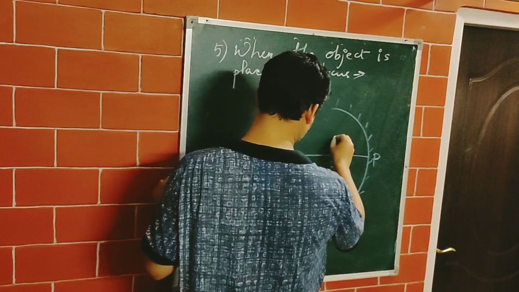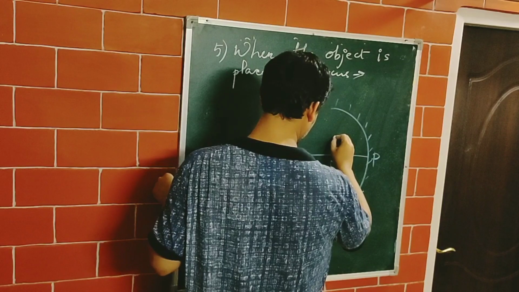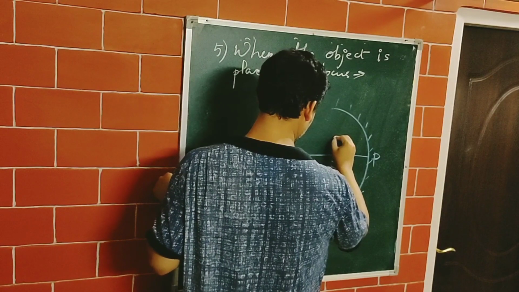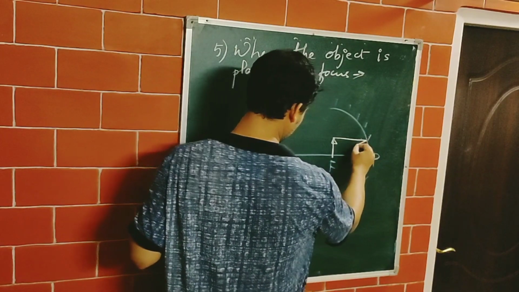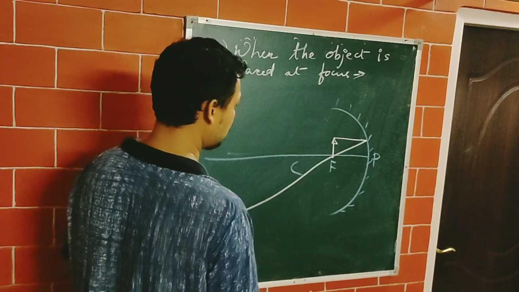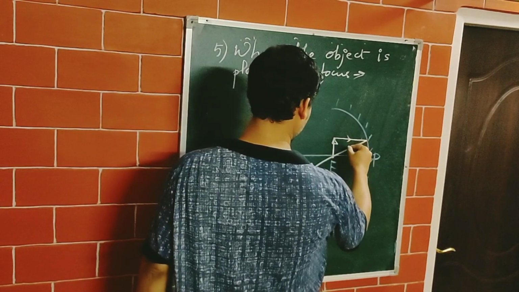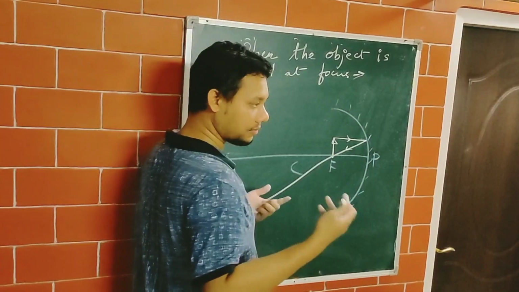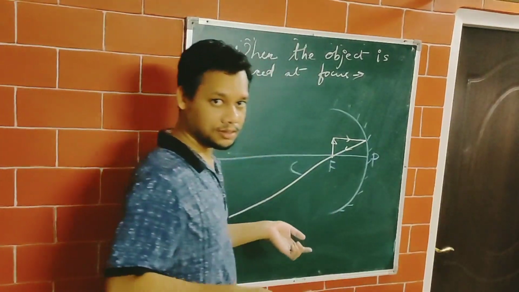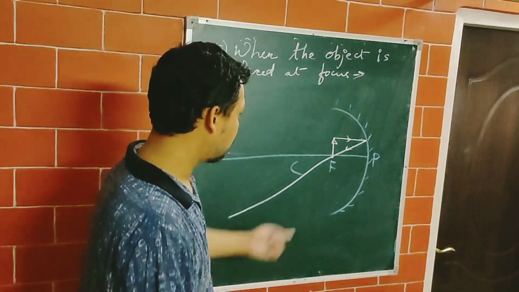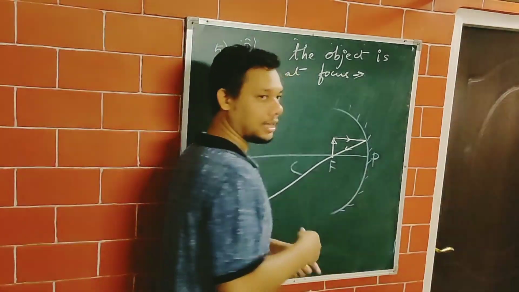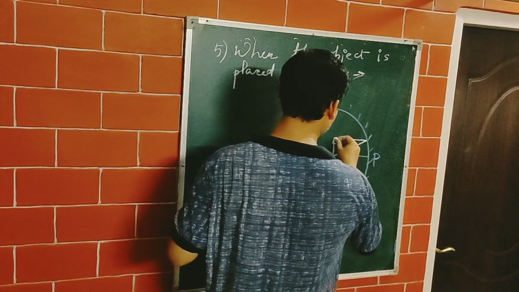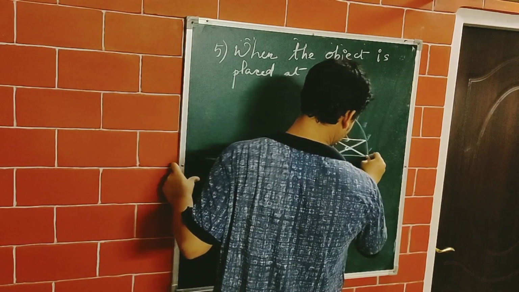A ray parallel, after reflection, passes through the focus. We cannot pass the ray through the focus now because the object itself is placed at focus. We will use another rule because a minimum of 2 rays are required to form an image.